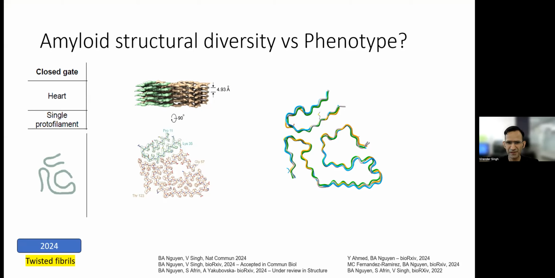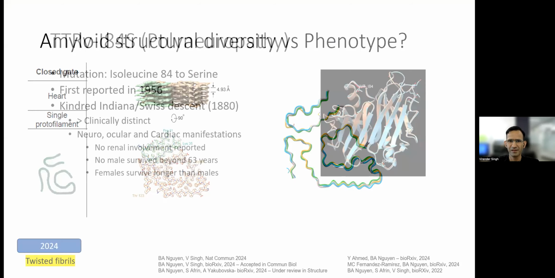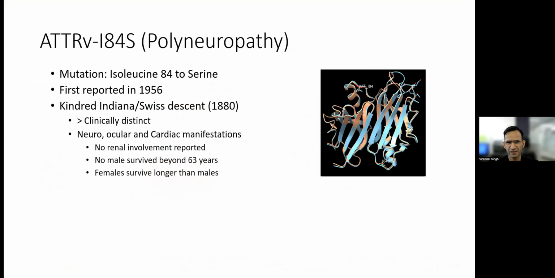Most of the structures show the closed conformation, which looks very similar from patient to patient and from one mutation to another. But we came across a mutation, I84S. Patients with this mutation fall under the polyneuropathy category. So this mutation is very peculiar.